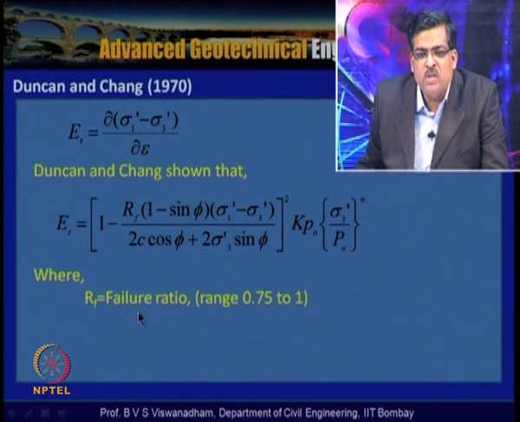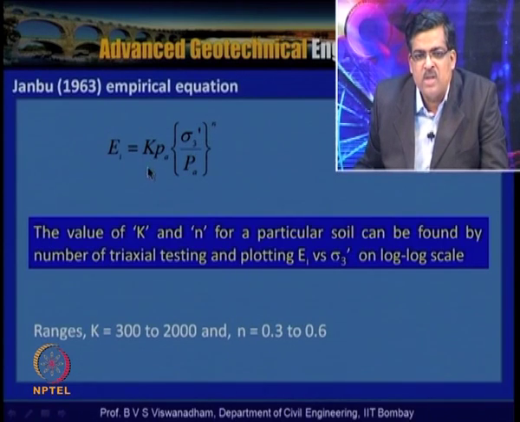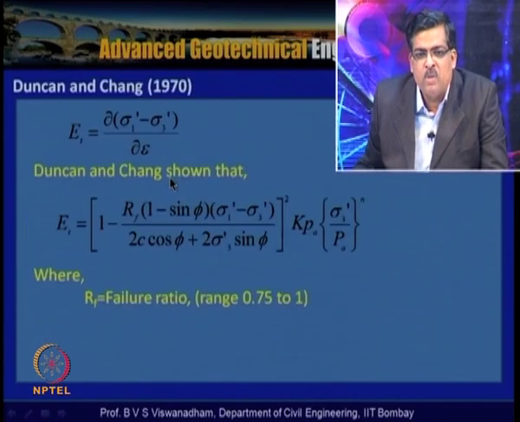Here Rf is nothing but the failure ratio, and generally the ratio is equal to 0.75 to 1. So the Duncan and Chang equation is nothing but a modification of Janbu's 1963 empirical equation.